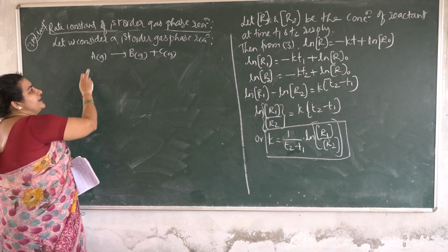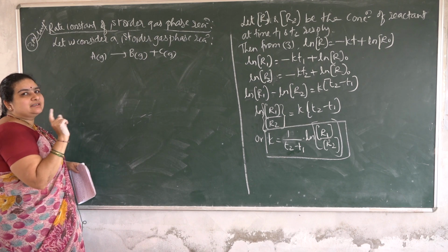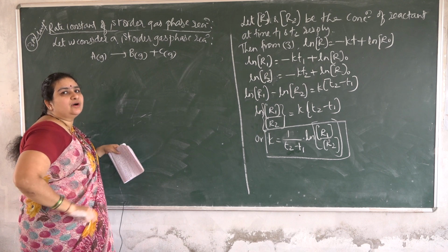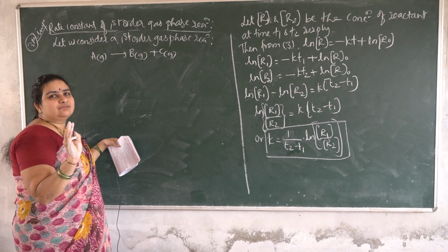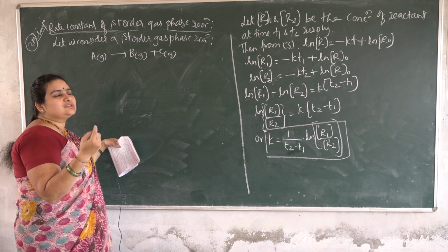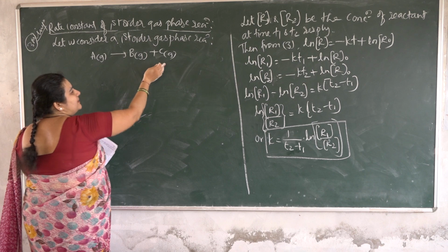So see here, in the reactant only one reactant is there and we have taken first order, so only one reactant will be present. In that many molecules will be present and products may be 2 or more.